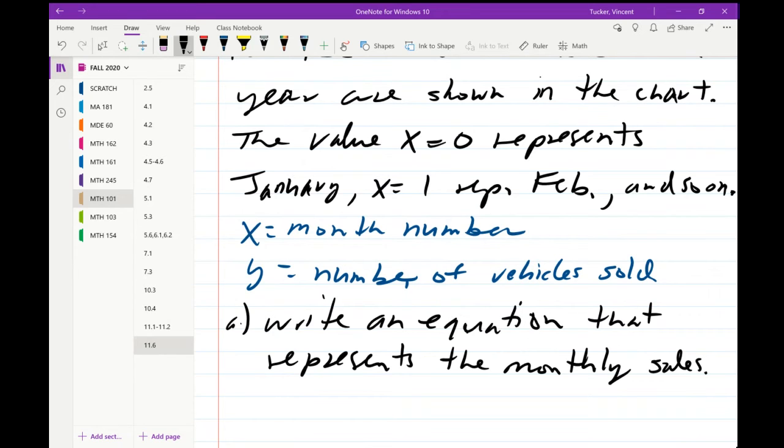So we want to write an equation that represents the monthly sales, and they wrote down everything, monthly sales of hybrid cars in the United States. But that's what's on the chart, and that's what I've already established in the previous wording. So we're going to write an equation that represents the monthly sales.